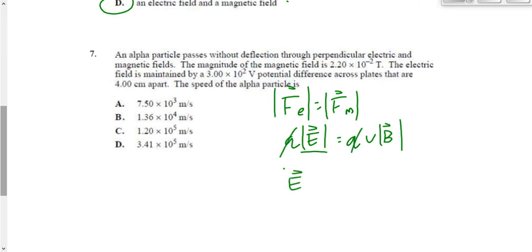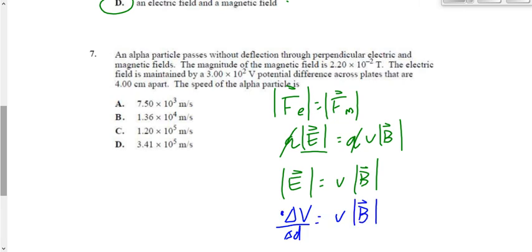E is equal to V times B. Now, we don't know what the electric field E is, but we can replace that with delta V over delta D. We got delta V, we got delta D, although you do want to make that in meters, not centimeters. And you got B, the magnetic field strength, so you just solve for V. And I think when you do that, it works out to be D, 3.41 times 10 to the 5 meters per second.